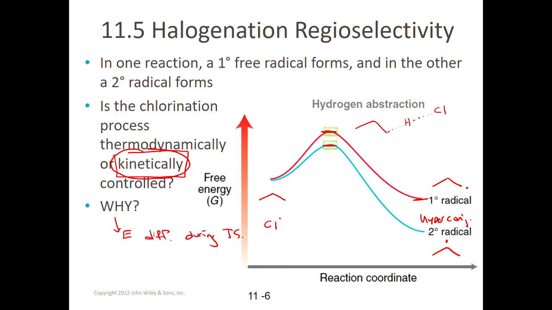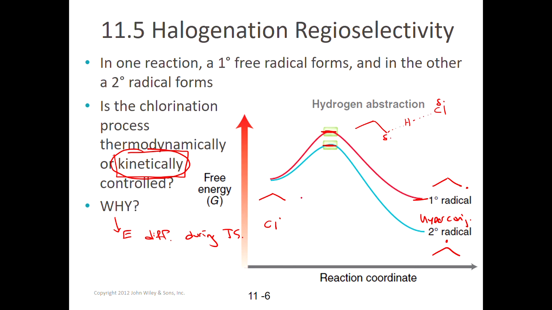If you remember, when we draw transition states, we use a dotted line to show any bond breaking or forming. The chlorine started with a radical. The radical ends up on the carbon. So at the point where it's transitioning, the chlorine radical is starting to go away, so now it's only a partial radical. And the carbon radical is starting to form, so I get a partial radical there.